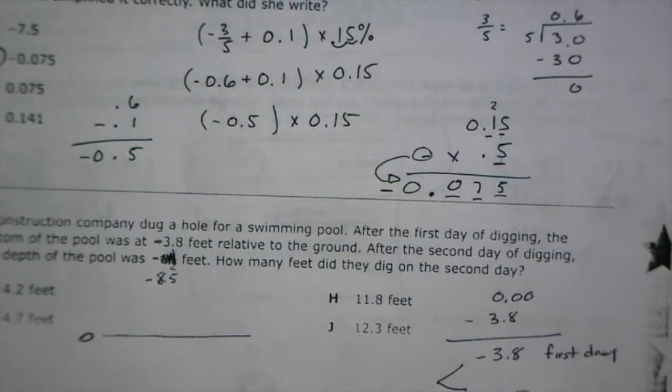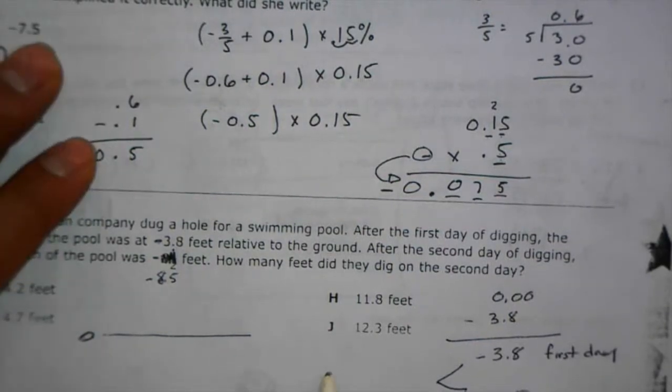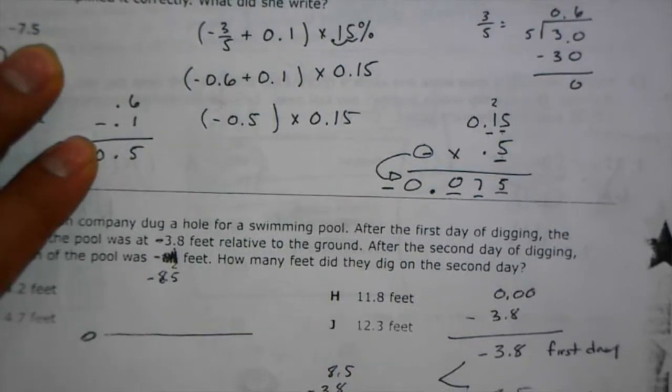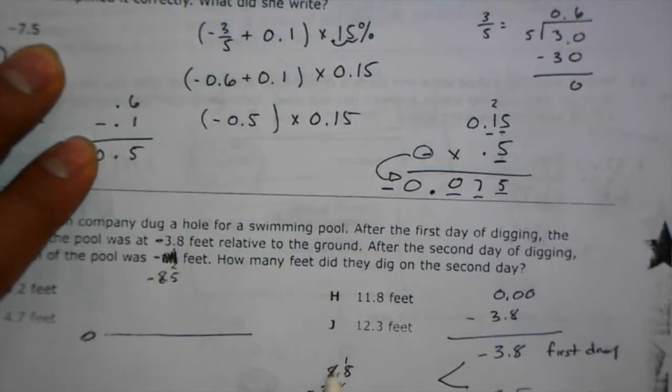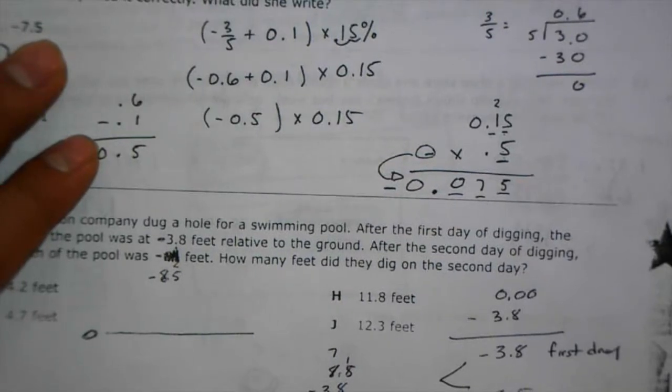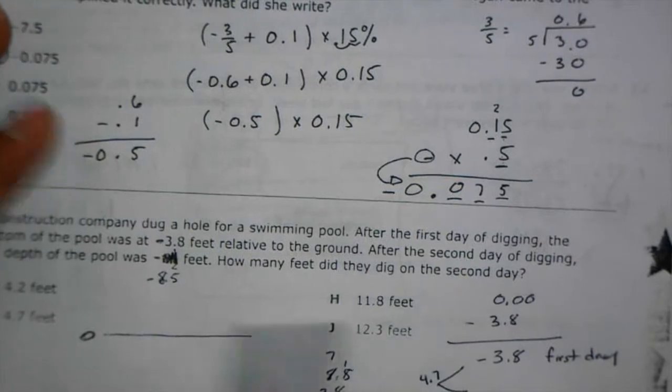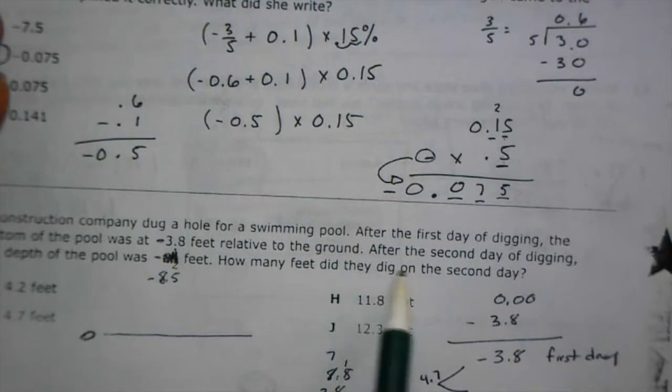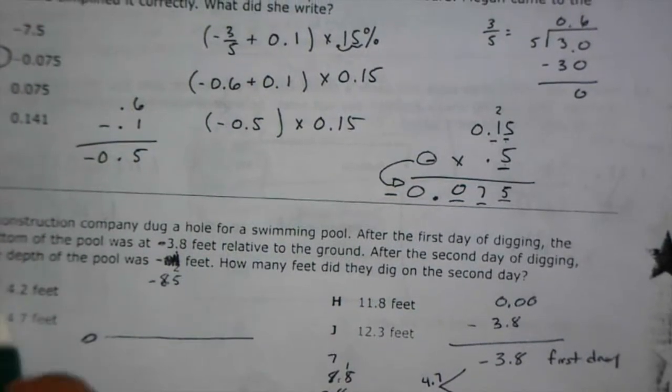Well, if I'm calculating change, I'm going to have to subtract. Okay? So I'm going to subtract 8.5 minus 3.8 to find out how much it changed by. In this case, 7. So it changed by how much? 4.7. How much did they dig on the second day? 4.7.